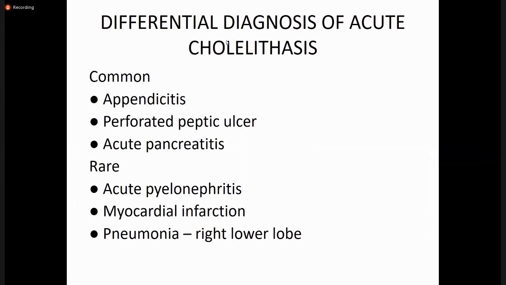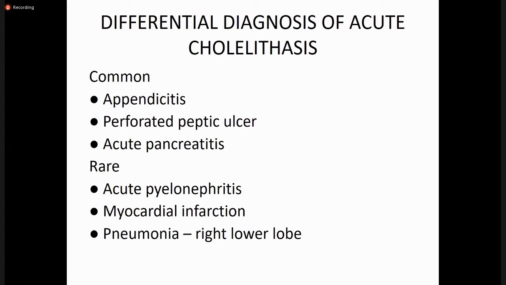Acute cholecystitis may be mistaken for appendicitis, or a perforated peptic ulcer, or even acute pancreatitis. These are obviously in the same area where the gallbladder lies. Appendicitis, we are saying, because bile tends to trickle from the right paracolic gutter into the right iliac fossa.